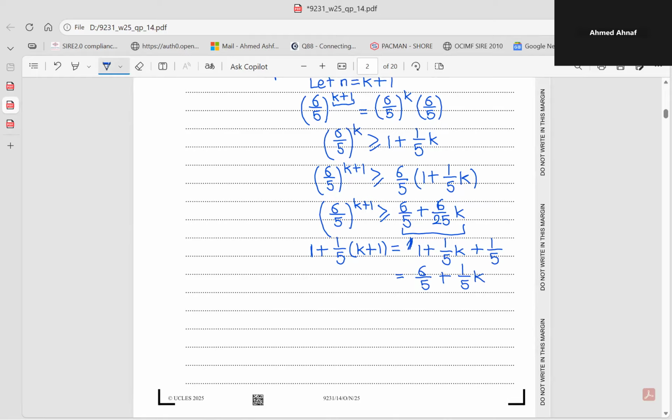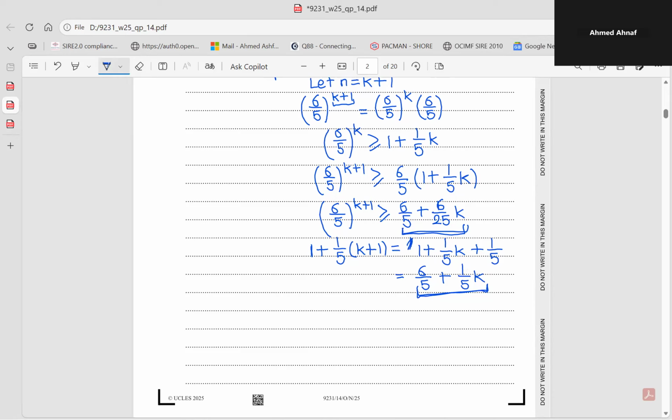So we can clearly see that the first number, 6 over 5, is the same for both this and this. So that's out of the question. Now we only have to compare the second term, which for the first one is 6 over 25k, and for the second one is 1 over 5k.